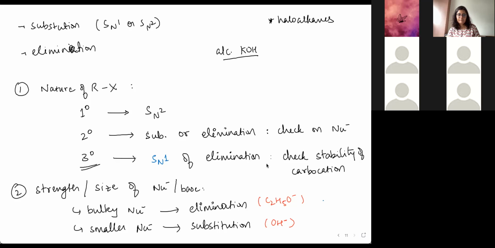Ma'am, can we take a break? Okay. Actually, I want to ask you guys one thing. After this, we're pretty much done with the chapter. We only have some reactions with metals, which is 1, 2, 3, 4, 5 reactions. That's it. And they're all pretty straightforward. Like chlorobenzene, when it reacts with sodium, what will happen?